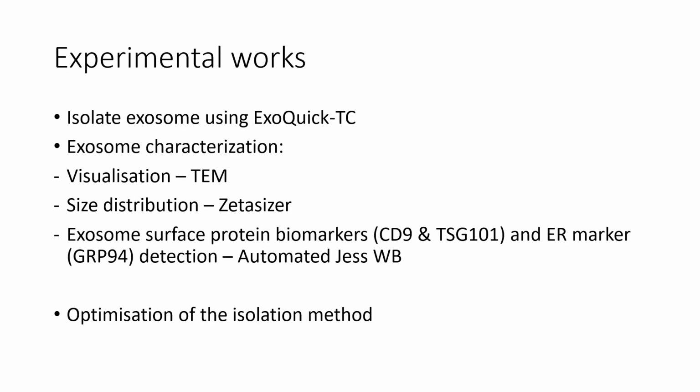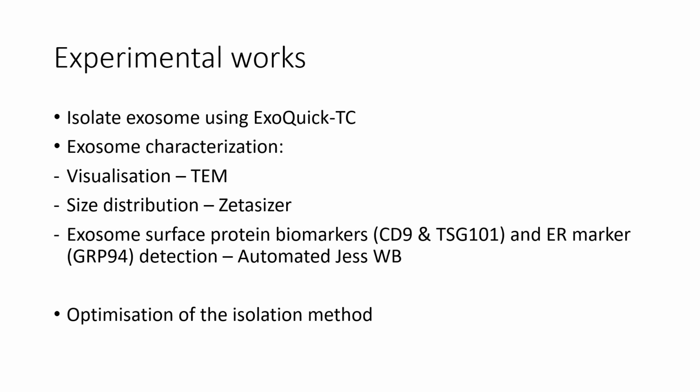Below are my experimental works that I want to share in this presentation. After we isolated the exosomes from the conditioned media using ExoQuick reagent, we did exosome characterization. The exosomes were visualized on the transmission electron microscope or TEM for their morphology and size.